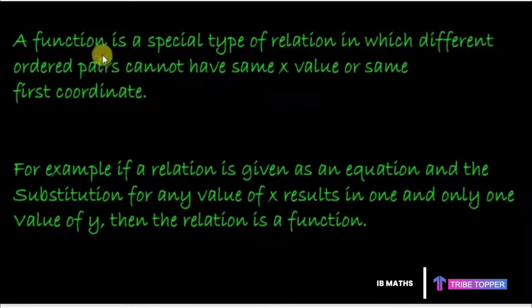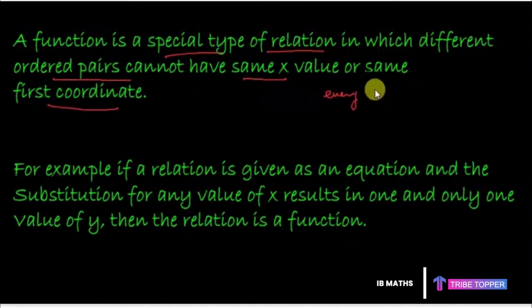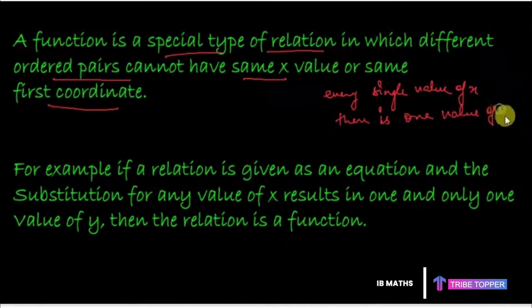And if we talk about a function, it is nothing different from a relation, it's just a special type of relation in which different ordered pairs cannot have the same x value or same first coordinate. When I say that, it means for every single value of x, there is going to be only one value of y. So you cannot have two values of y corresponding to one value of x.